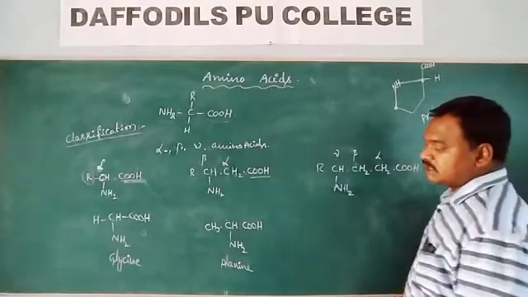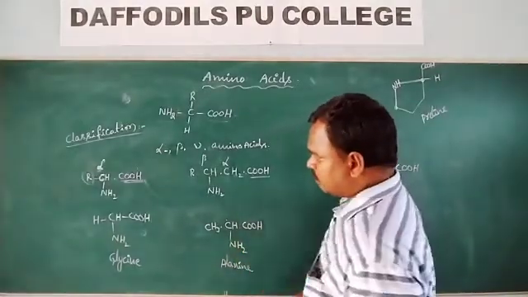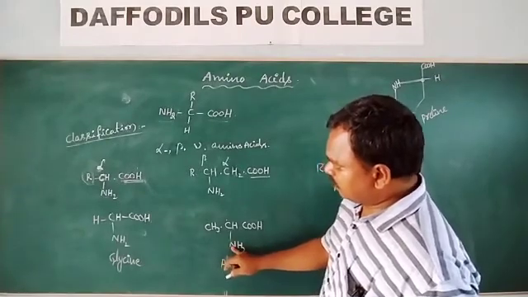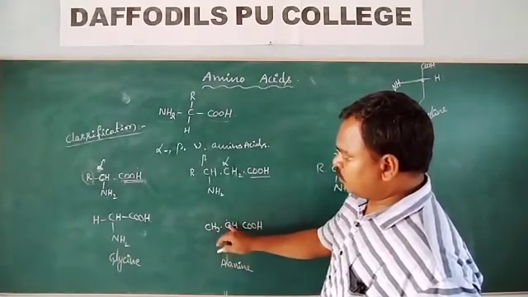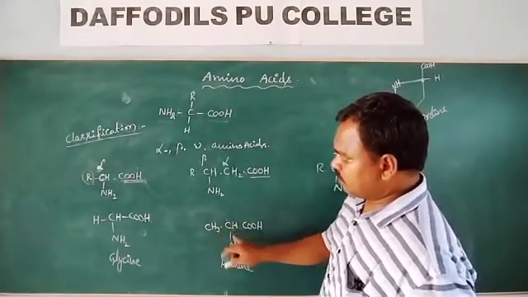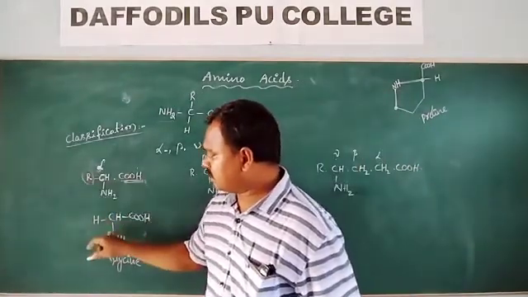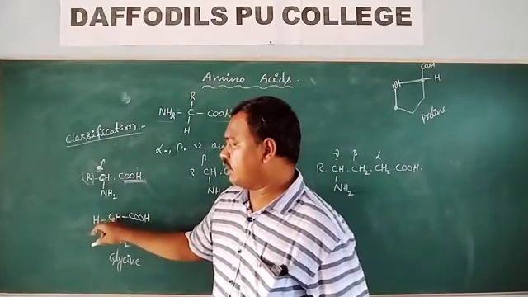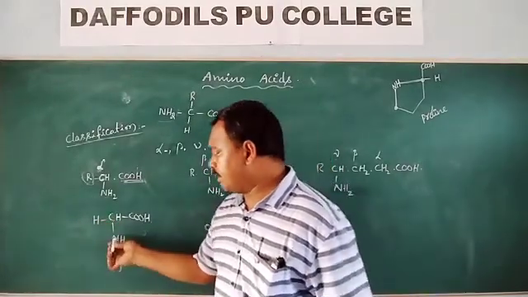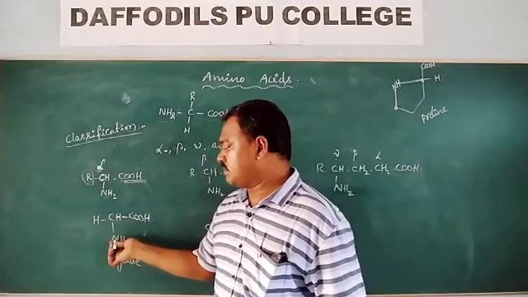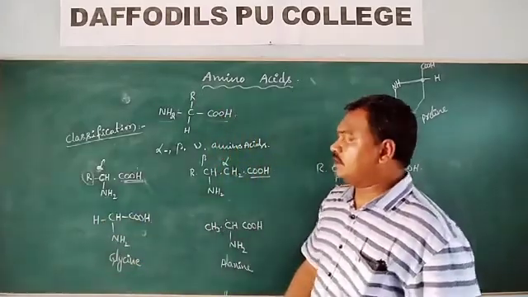Most of the amino acids are primary amines. Look at this amine group. To how many carbons is this amine group bonded? To only one carbon. So this is a primary amine.